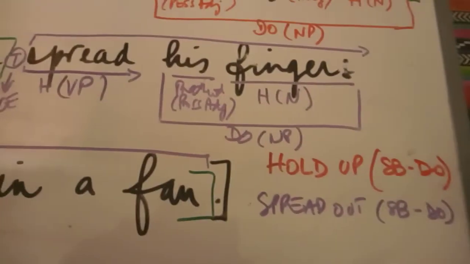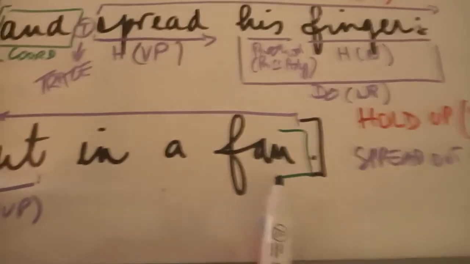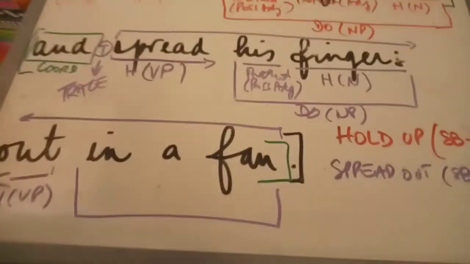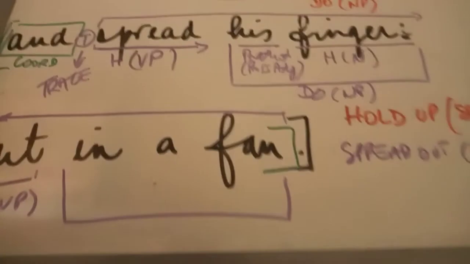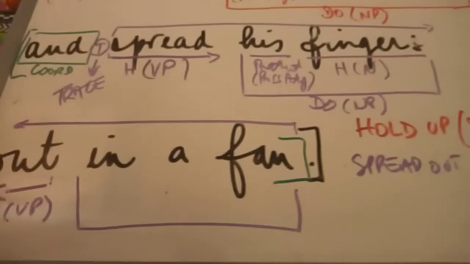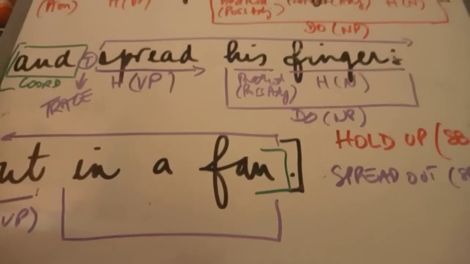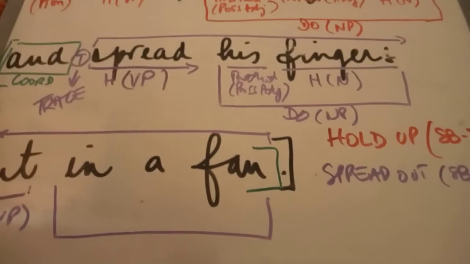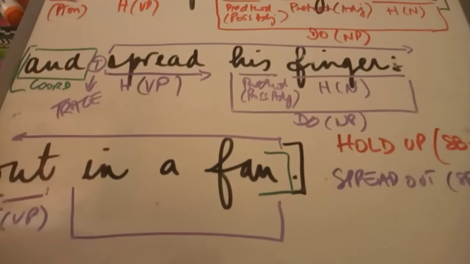All right? Now we find that this constituent here is not required by the verb. Okay, so already we can identify this as an adjunct, all right? Not a complement, but an adjunct. And then we have to determine what kind of adjunct it is, yeah?